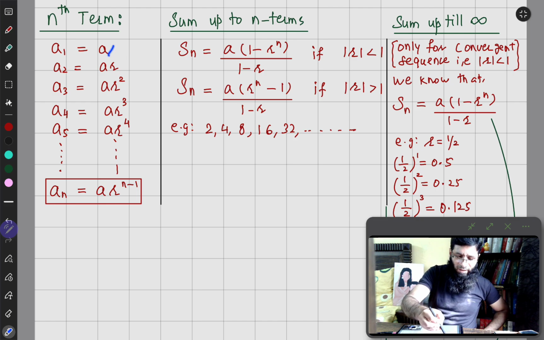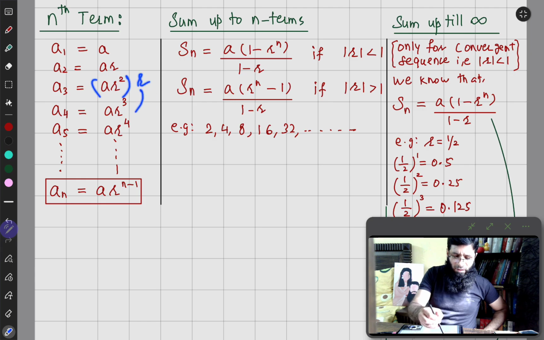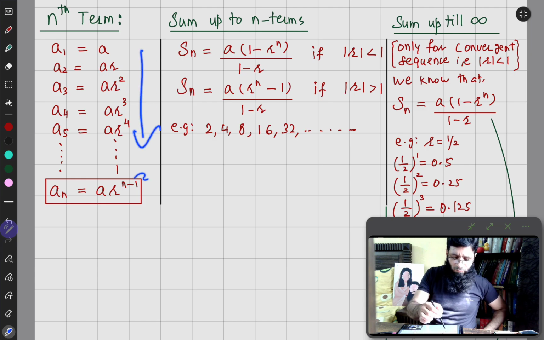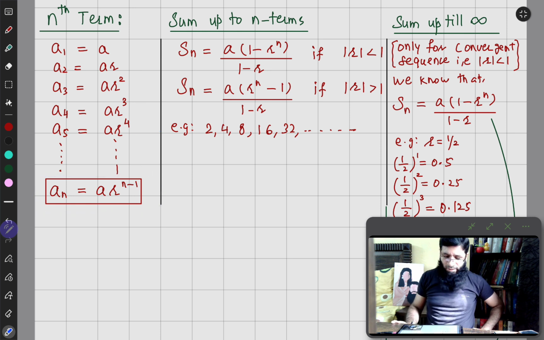So if you multiply a with r, you will get ar, the next term. Similarly, if you multiply r with the second term, you will get ar squared, the third term. Similarly, you will have ar cubed, the fourth term. And if you follow the same pattern, you will get the nth term of the geometric progression. It will be a times r to the power n minus 1.